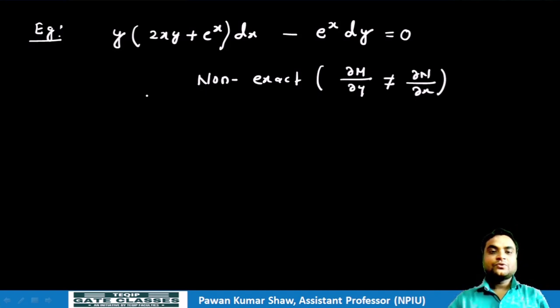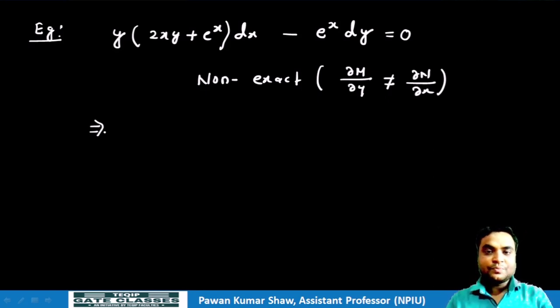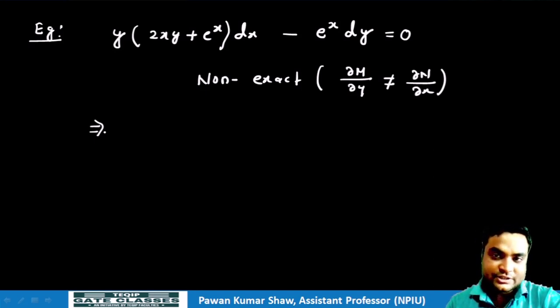So now we want to solve it. Here I am going to apply the method of inspection. That means we will try to make some groups, and with the help of some suitable factor we can write them into group-wise exact differential forms.